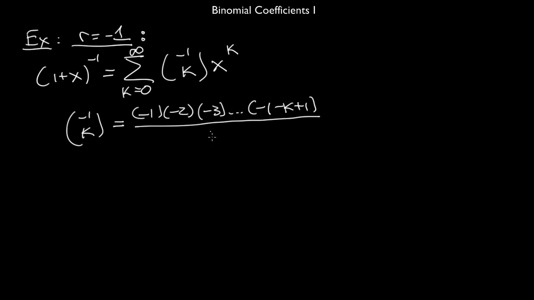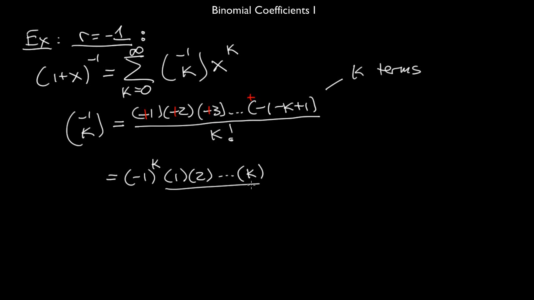That's k terms going down from minus 1, divided by k factorial. Well, let's see. What is that? There's a bunch of minus signs in there. There are k terms. And if you multiply every one of them by minus 1 to change the sign, what you get is (-1)^k times 1, 2, 3, dot dot dot, up to k terms.